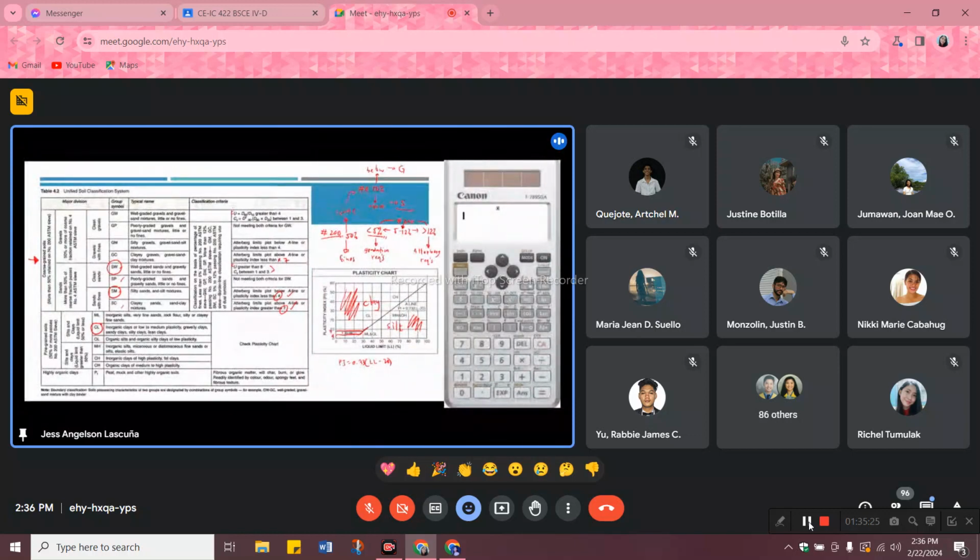Afterwards, the second letter is just a breeze. If your LL is greater than 50%, then it is high plasticity, H. If less than 50%, then L, low plasticity. Then afterwards, that's it. It is that simple.